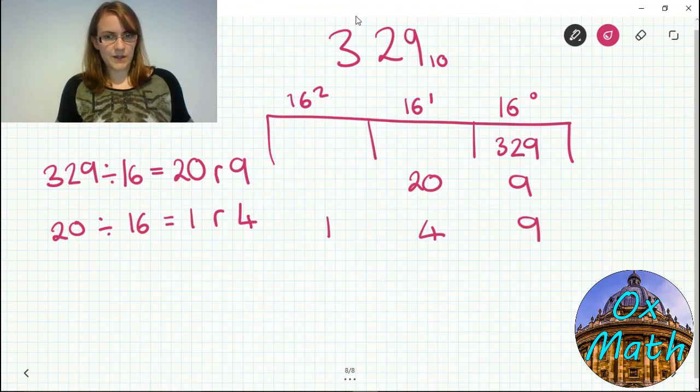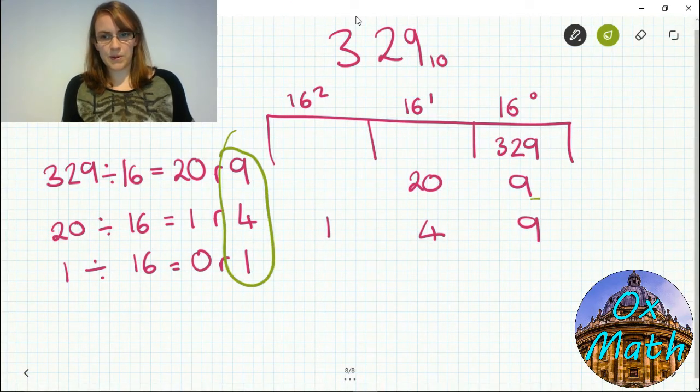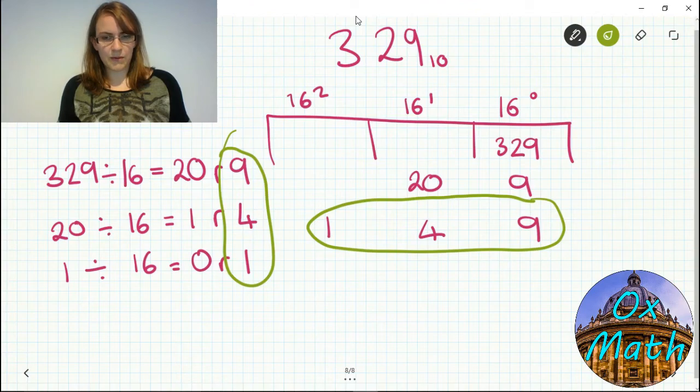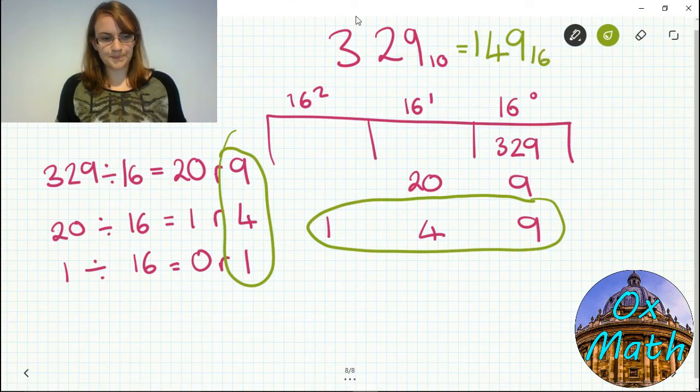And then just to finish it off, 1 divided by 16, it doesn't go, and we've still got our 1 left over. So again, we can use our remainders in our answer. So from top to bottom and right to left, our answer is 149 in reverse. So we can represent 329 as 149 in hexadecimal.